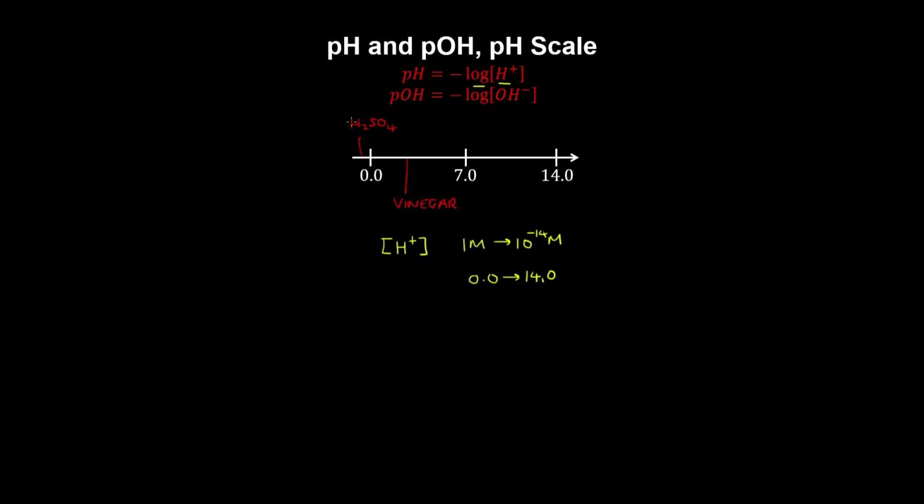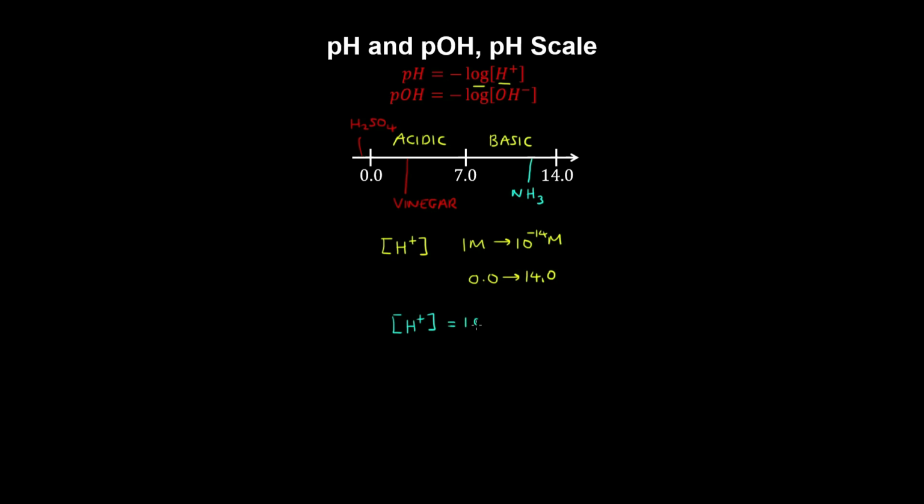So the pH of acidic solutions is less than 7, and basic solutions have a pH greater than 7. So ammonia is a base which has a pH of around 12. So the pH scale is convenient because typically you get concentrations of hydronium being quite small.